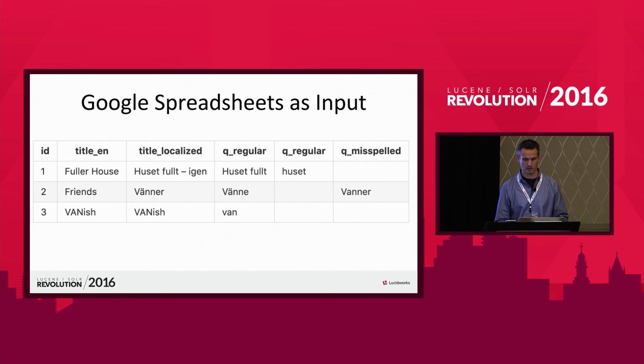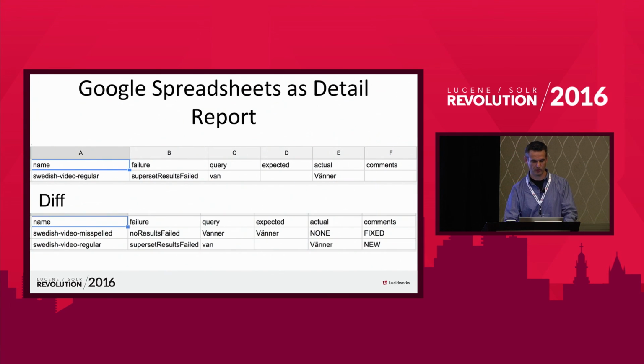There's a bunch of titles with some queries. After you run this plugin or module, it will produce reports showing what kind of queries have failed, and also the differences between what was run before and after the fix.